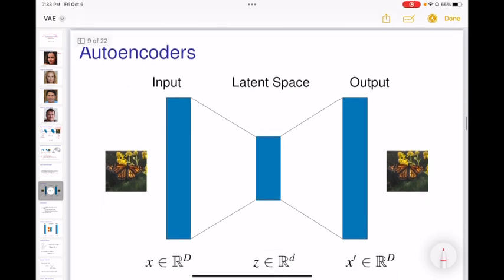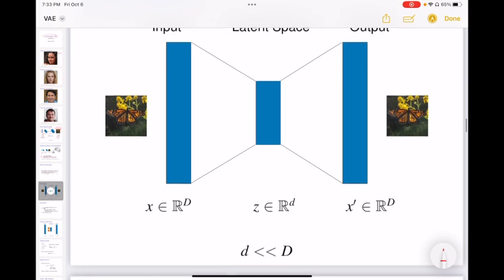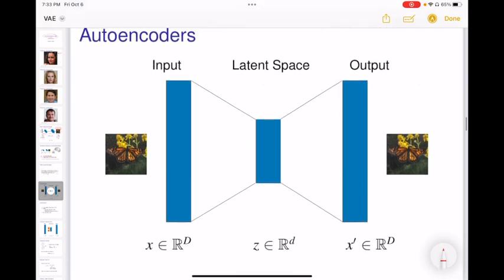All right, so before we go to variational autoencoders, let's just see what an autoencoder is. What an autoencoder aims to do is that you have capital D dimensional data. Let's say we have images here. So images are again capital D dimensional, which means they are height cross width cross 3, for RGB.